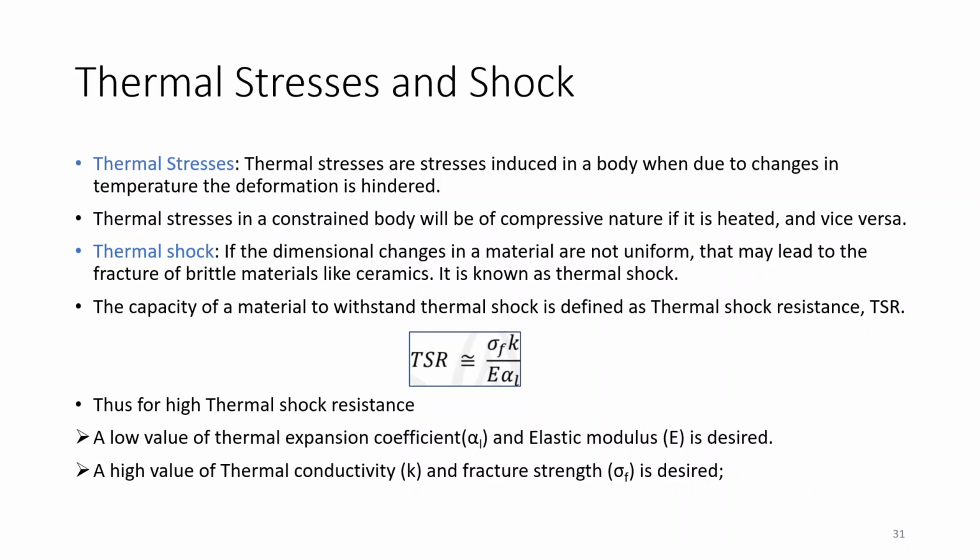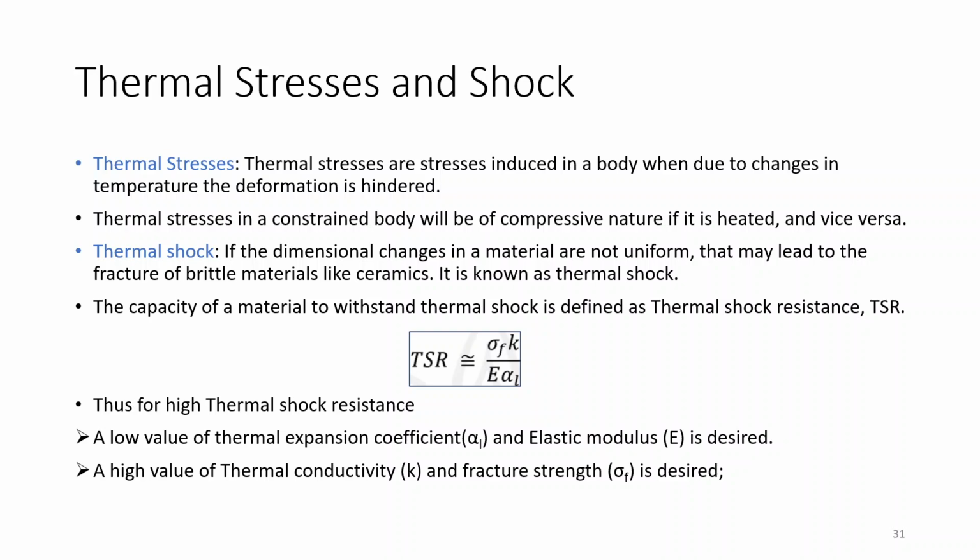In thermal shock, if the dimensional changes in a material are not uniform, then it may lead to the fracture of brittle materials like ceramics, and it is known as thermal shock. The capacity of a material to withstand thermal shock is defined as thermal shock resistance, or TSR.